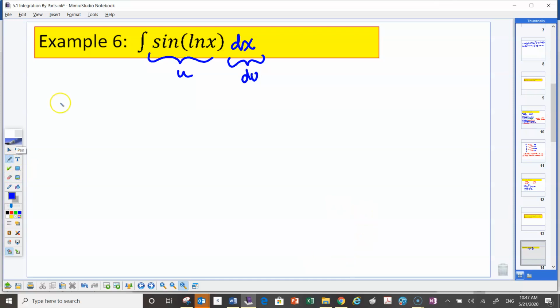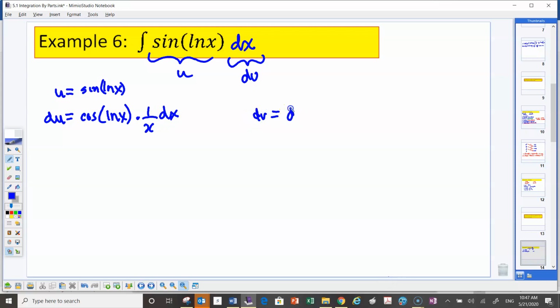I'm going to let u equal sine of ln x, du would be the cosine of ln x times 1 over x dx. dv is equal to dx, so v is equal to x.